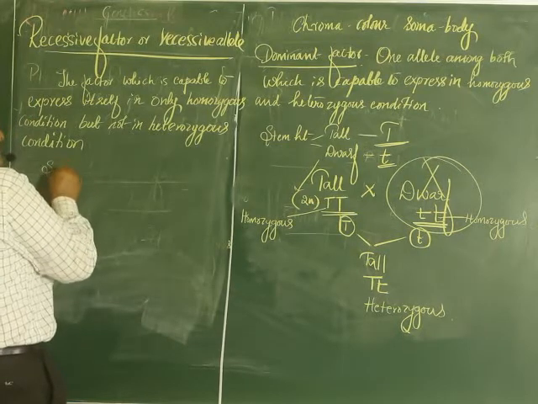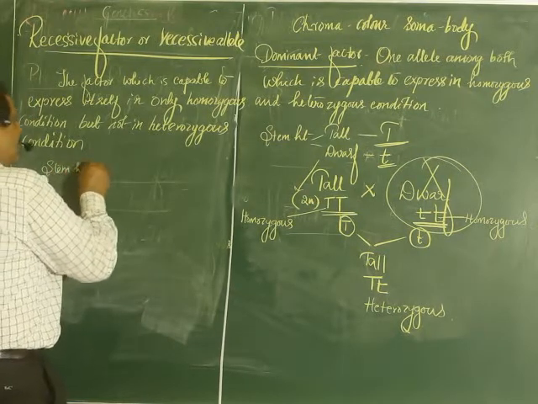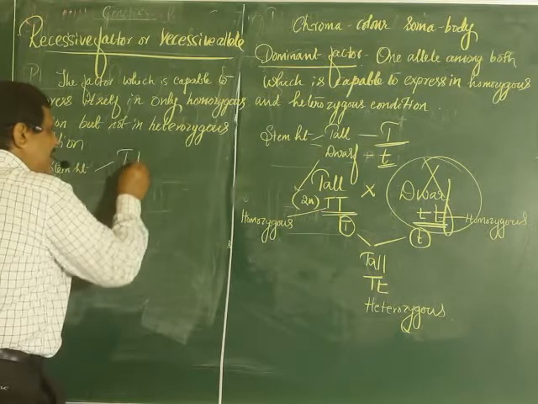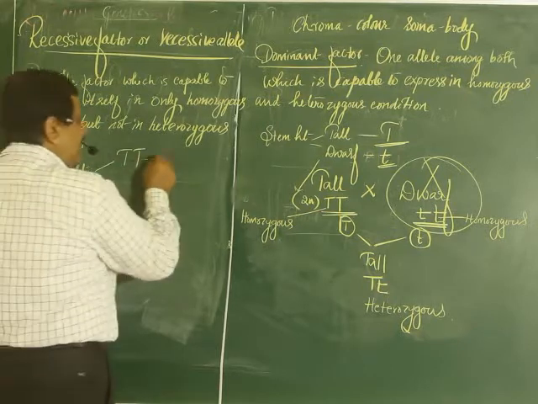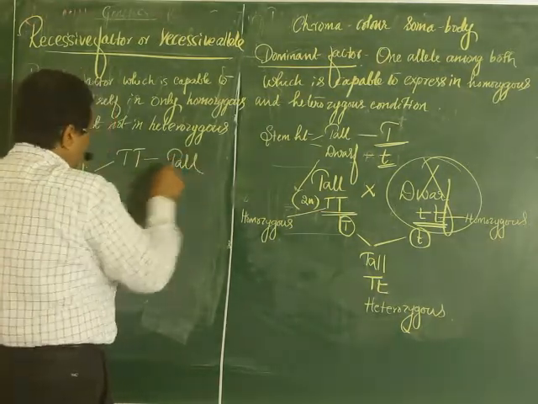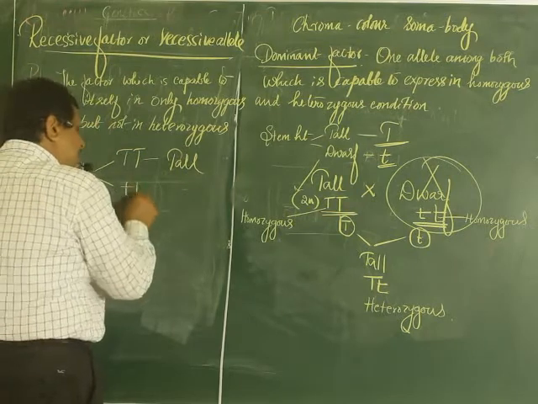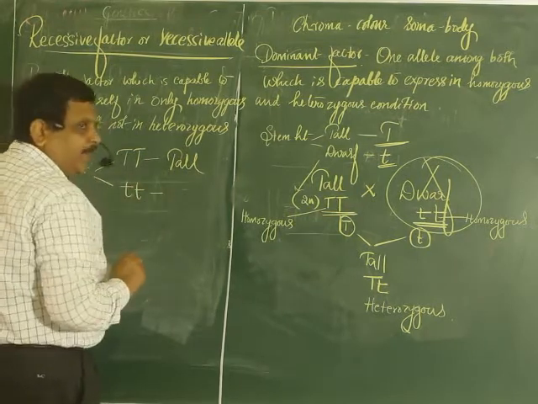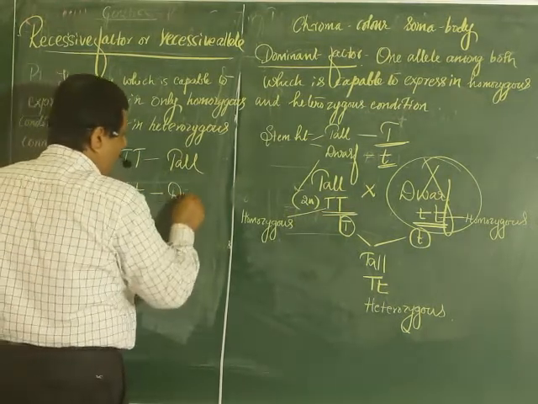If I consider stem height as a character, whenever the capital T is there, the plant will be tall. Whenever both the alleles are small t, the plant will be dwarf.